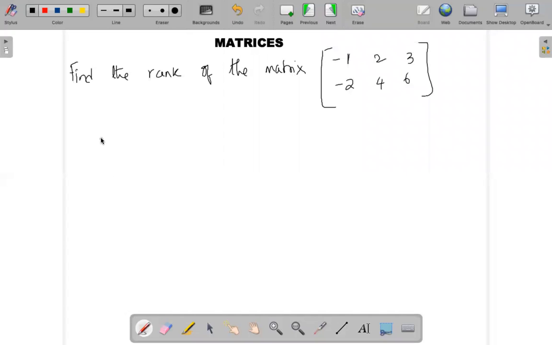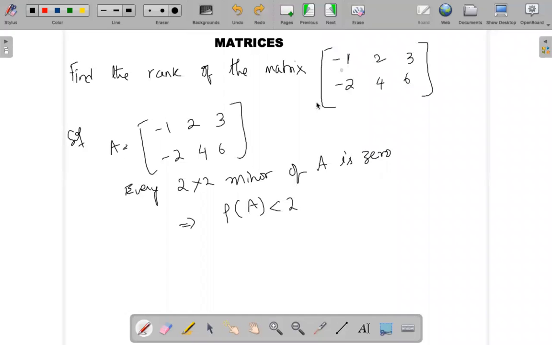Okay, let us find the rank of this matrix. Let us consider this: [-1, 2, 3; -2, 4, 6]. Here A is not equal to 0 for this, right?